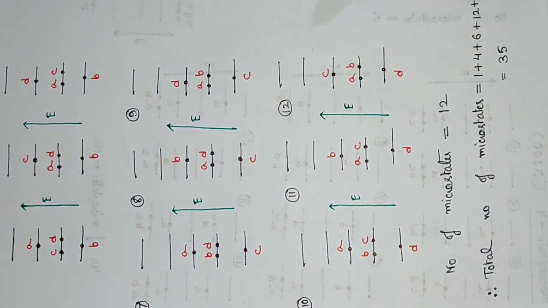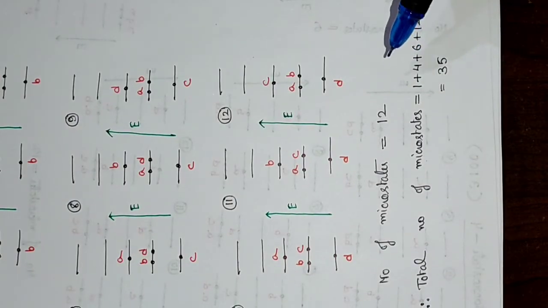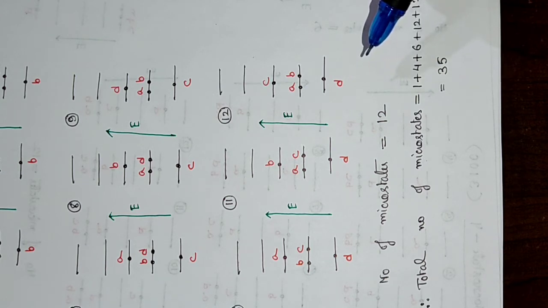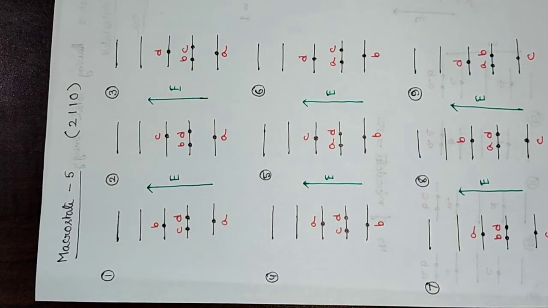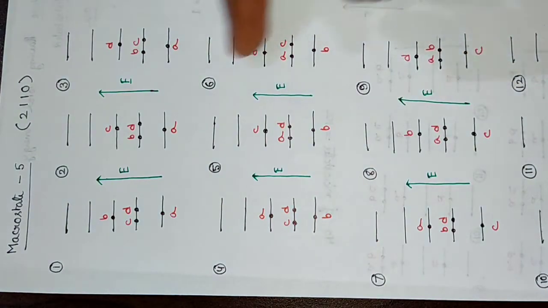All microstates among these 35 are equally probable, but the most probable distribution is the one having the maximum number of microstates. So this macrostate 5 is more probable since it is having a large number of microstates.